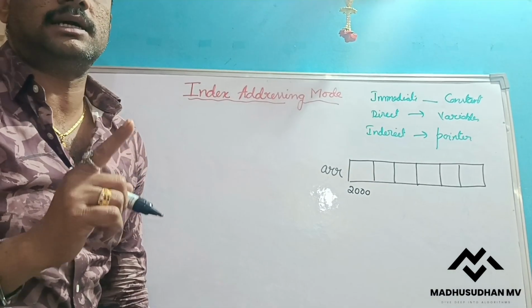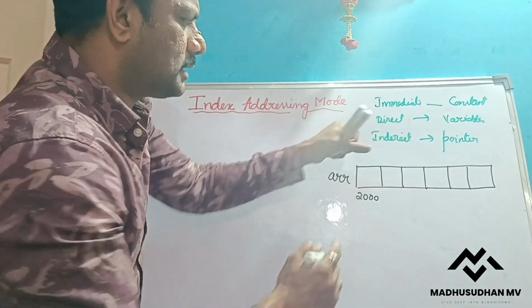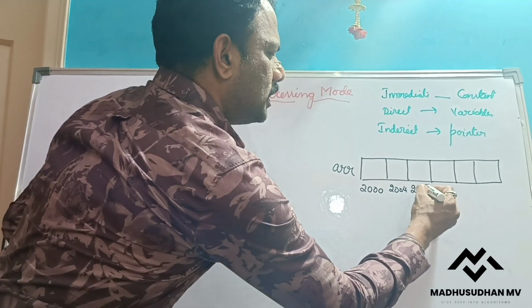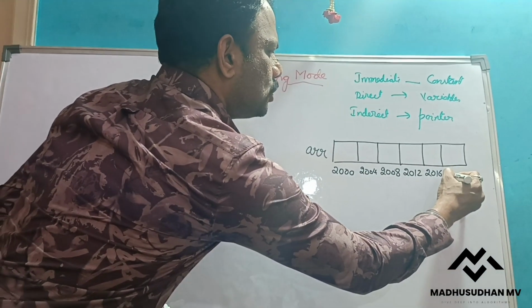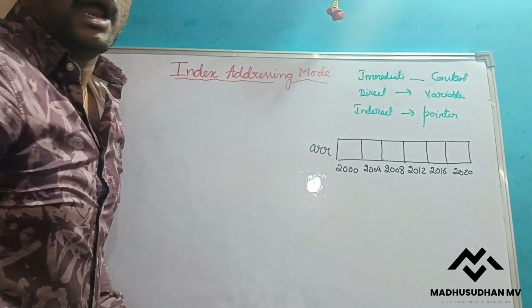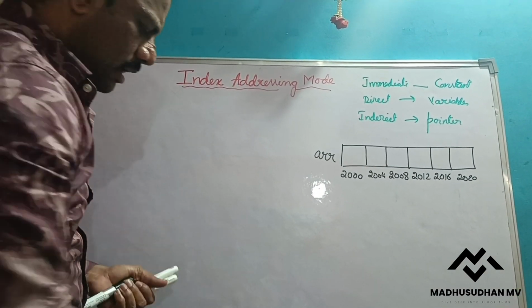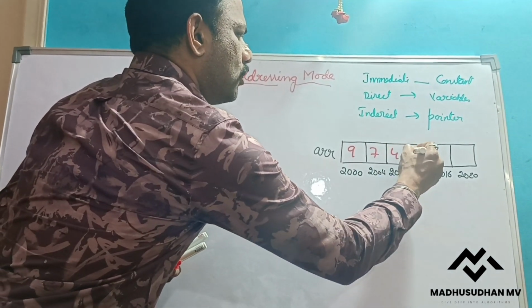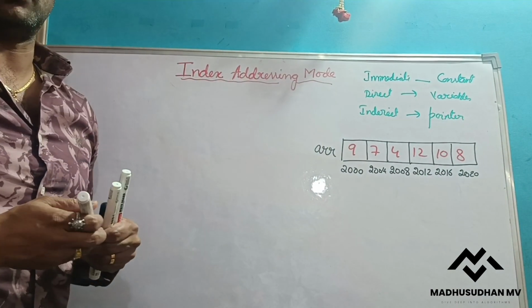Since one integer takes 4 bytes, the next address is 2004, then 2008, 2012, 2016, 2020. Now assume I have stored the values 9, 7, 4, 12, 10, 8.